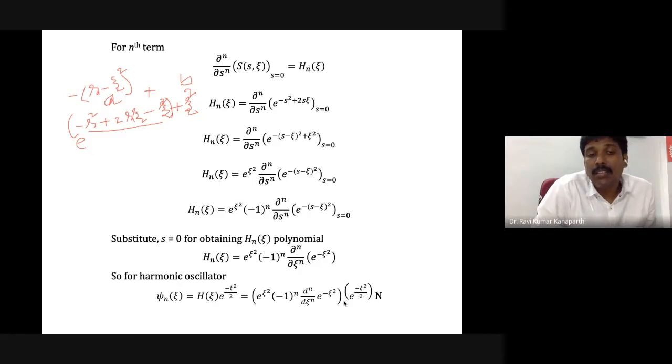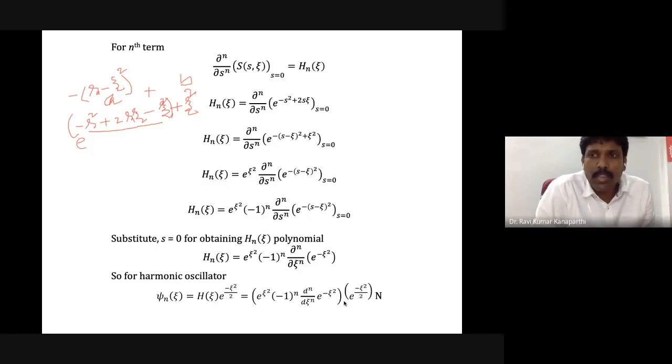Remember that this is a complete solution, but it is not normalized. So there is one more step that we have to carry out. We have to ensure that this is square integrable. Recall the postulate we have discussed. We got the solution, but we have to ensure the three conditions: it is continuous, it is square integrable, and it is single valued.